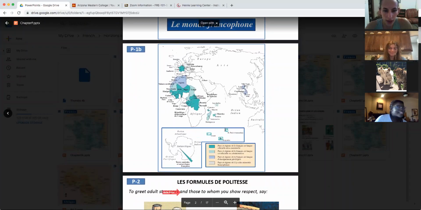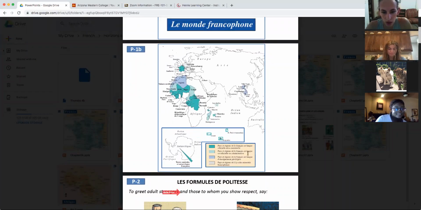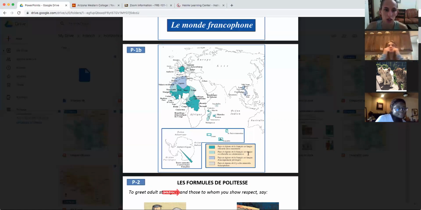If we look at the other colors, pays et régions où le français est langue co-officielle ou administrative. So that means that there might be more than one official language in that particular country. One of the examples is Chad here in Africa, where one of their official languages is probably some African tribal language.